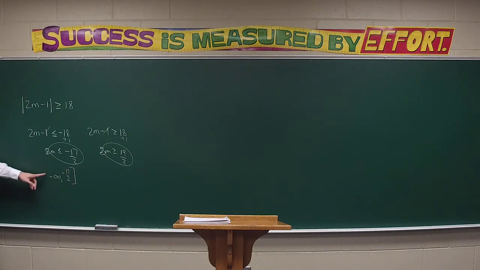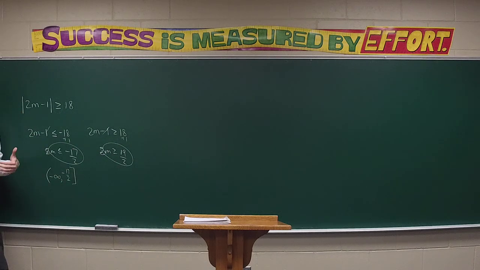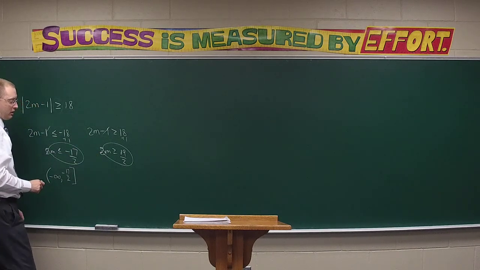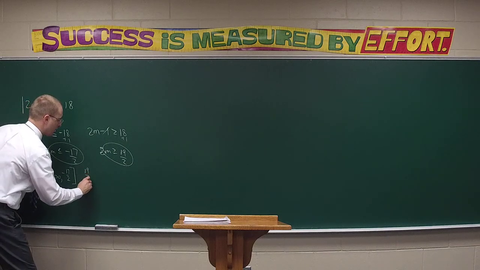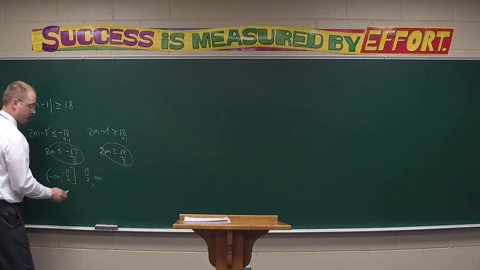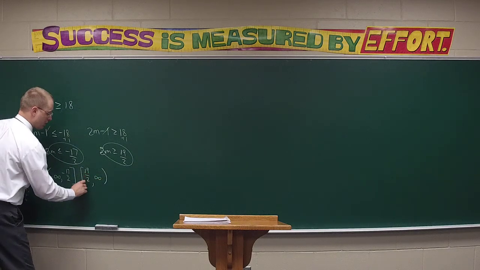And they're always what on an infinity? And then over here, if m's bigger than the 19 halves, bigger means it gets bigger and bigger and bigger all the way till it gets to... So how would I word that? 19 halves, infinity. There we go, going up to the infinity, and again we'll put a parentheses on the infinity and the bracket. And there we go.